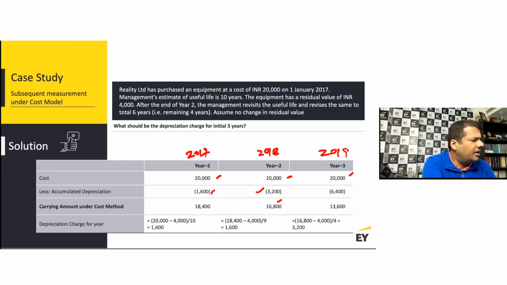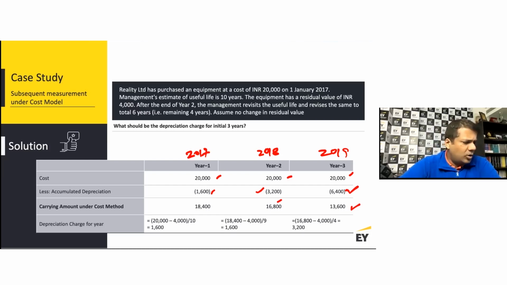Now here, I'm saying my life is only 4 years and my residual value stays at the same 4,000. So here my depreciation is now 16,800 minus 4,000 divided by 4. Now my depreciation charge has just doubled, right? It has become 3,200. So that is why it is now 6,400, and my revised carrying value is now 13,600.